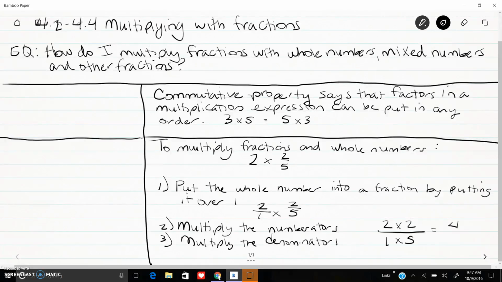So 2 times 2 gives me 4, 1 times 5 gives me 5. And then I would simplify if needed. In this case, 4 and 5 can't be simplified down any further than they already are. So my answer to 2 times 2/5 is 4/5.